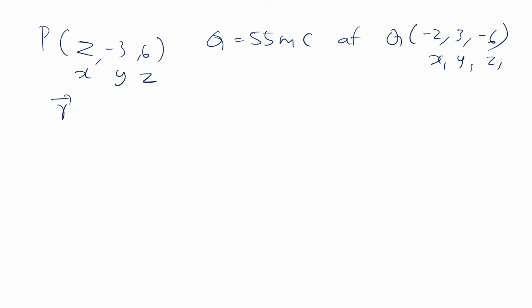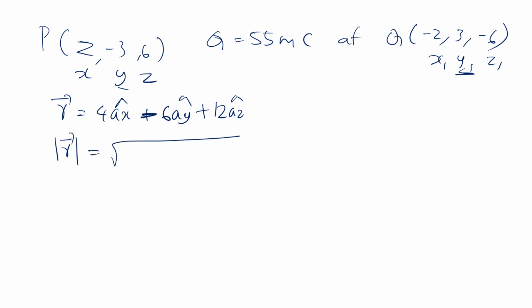So the vector r is x minus x1, that is 2 minus minus 2 will be 4 ax cap, plus y minus y1, so minus 3 minus 3, so minus 6 ay cap, and z is 6 minus minus 6, plus 12 az cap, and mod r is equal to square root of 4 square plus 6 square plus 12 square.